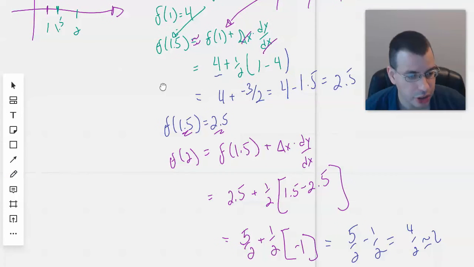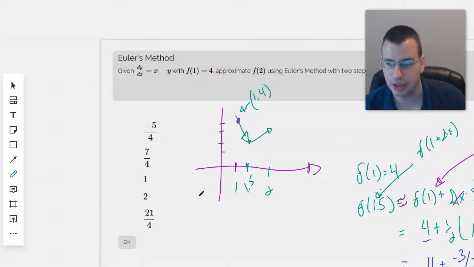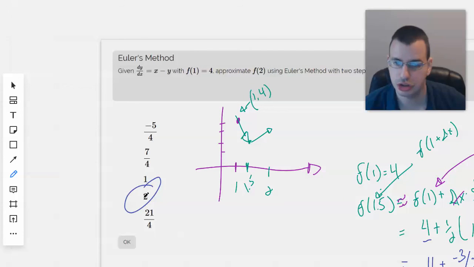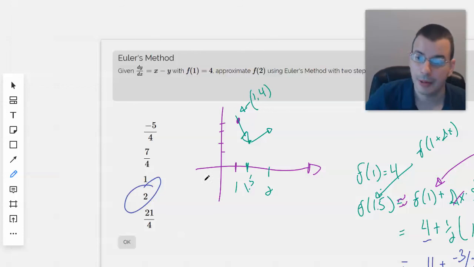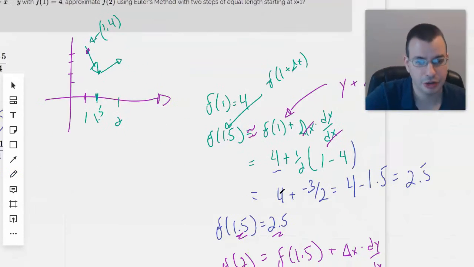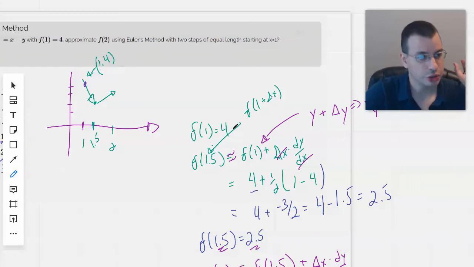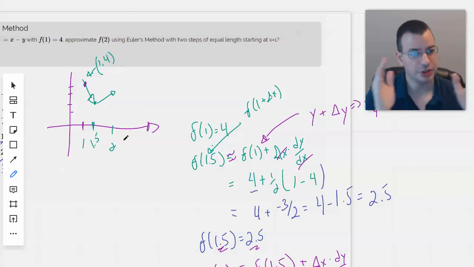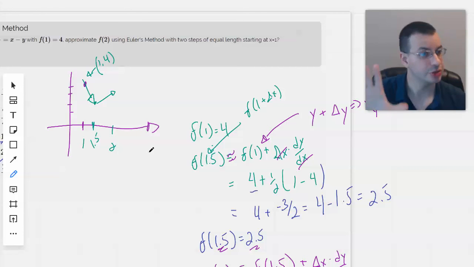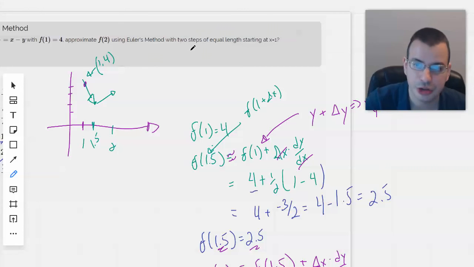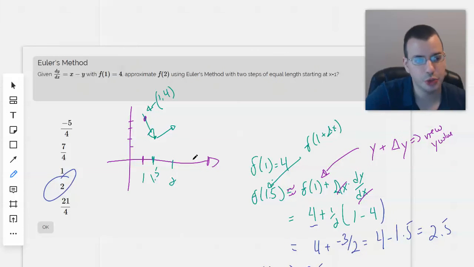So our answer for this one will be 2. I'm not going to redraw the lines, but that's the idea here. To backtrack quickly, to use Euler's method, you determine your delta x. That's either given to you or you can decide it yourself. In this case, it's given to us, so use what they want. We know there's 2 steps. 2 steps between 1 and 2 would be 1.5 and 2, so each step would be 1/2.